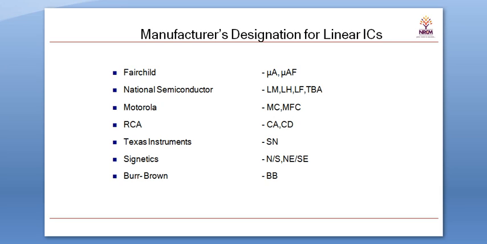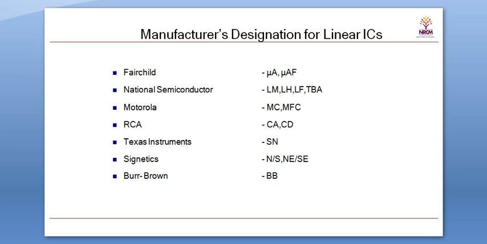The starting letters printed on the IC for National Semiconductor are LM, LH, LF and TBA. After that a few numbers are there, like 741 and 555. So these are the manufacturer's designations.